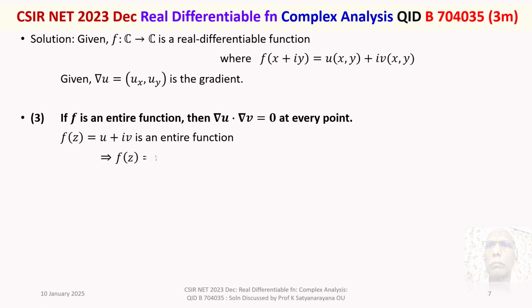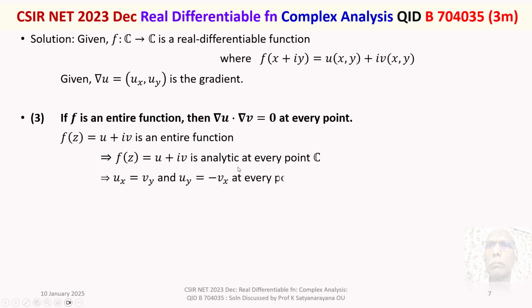It is analytic everywhere in the complex plane. And it is analytic at every point of C, then the Cauchy-Riemann equations are satisfied. That is ux = vy and uy = -vx at every point of R squared.